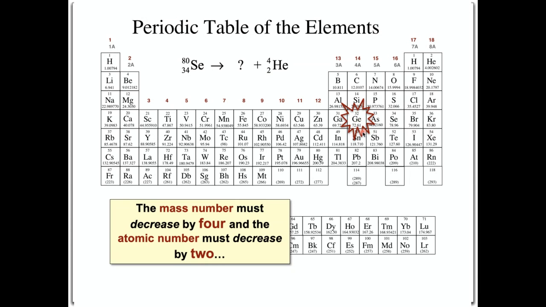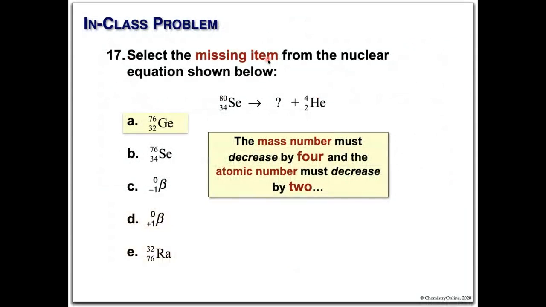Okay, so we're dealing with germanium as the element. We have lost 4 mass units. We have made germanium 76. 76 plus 4 is 80. 32 plus 2 is 34. Any questions?